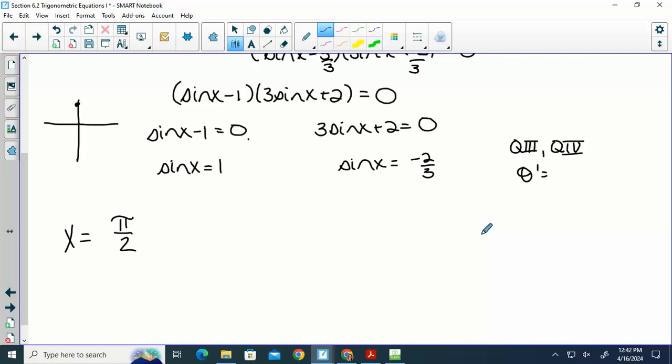Did this problem start out as an inverse? No. So we're dealing with sine every time. But don't put the negative in. We talked about that when we were doing inverses on our calculator. So you need to do second sine for the sine inverse, but then do positive 2/3. So my reference angle is 0.7297.